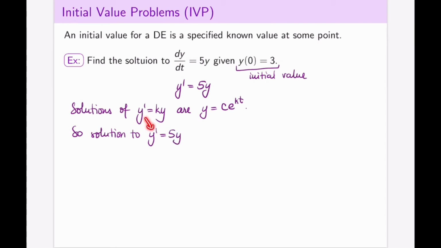So what I immediately notice is that in my case, k is simply equal to 5. Matching this to the solution provided, my solution is going to be c e to the power 5t. What I have here is k equal to 5 in this case.